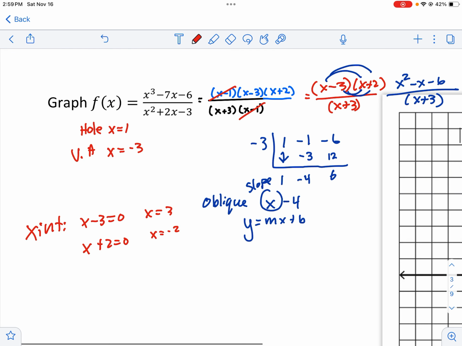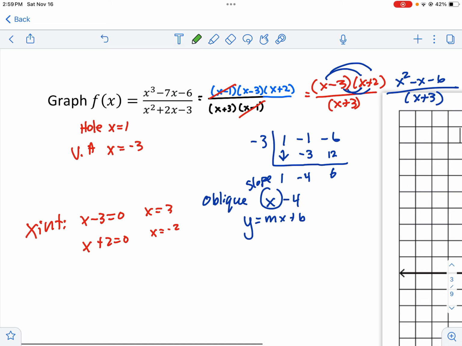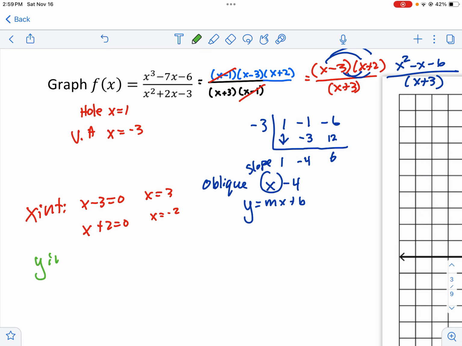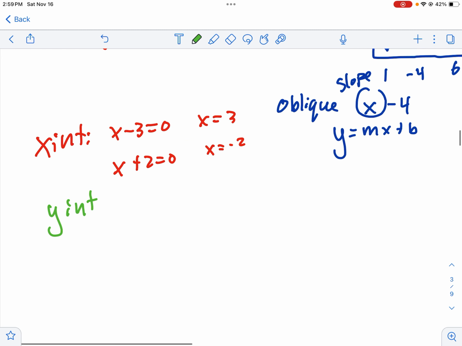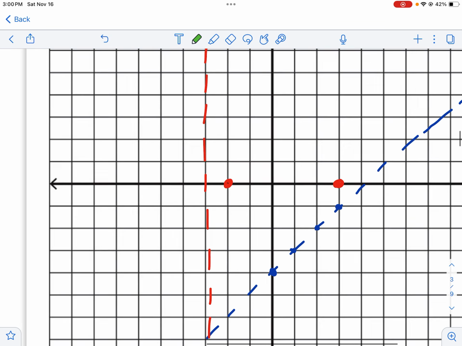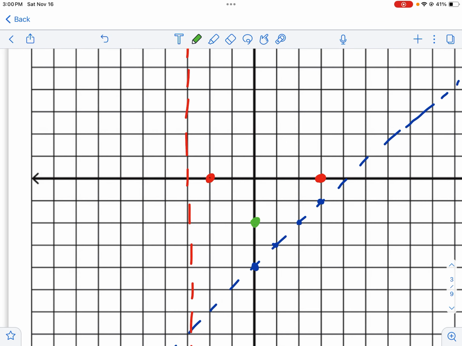And then I have to do the y-intercept. So there is a trick for a fast y-intercept. The trick to the fast y-intercept, those numbers, negative 6 over 3, which is negative 2. It's right there.